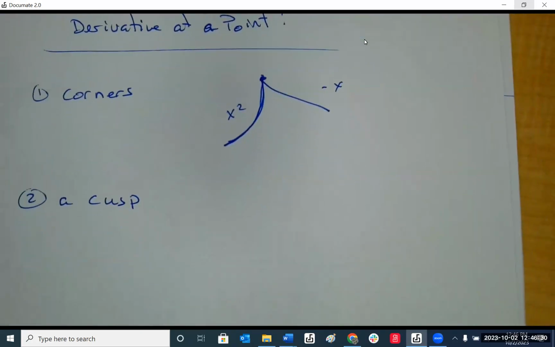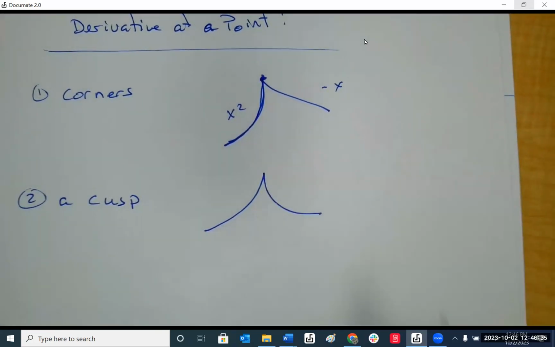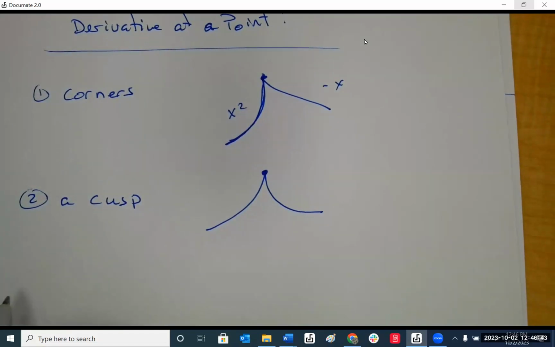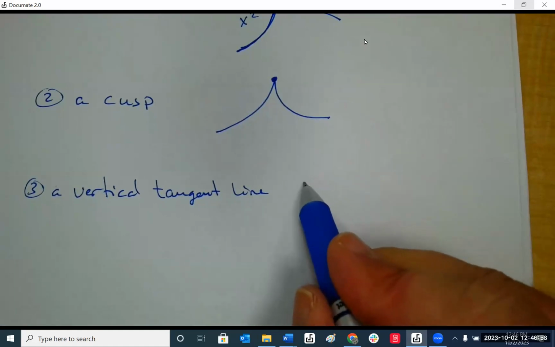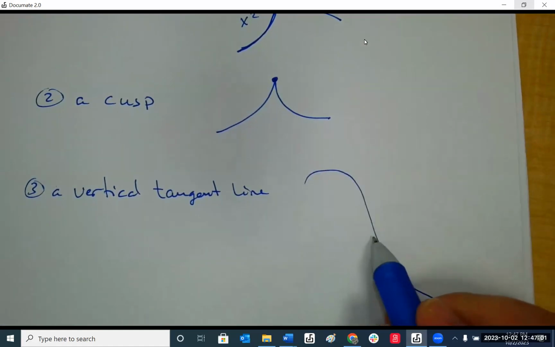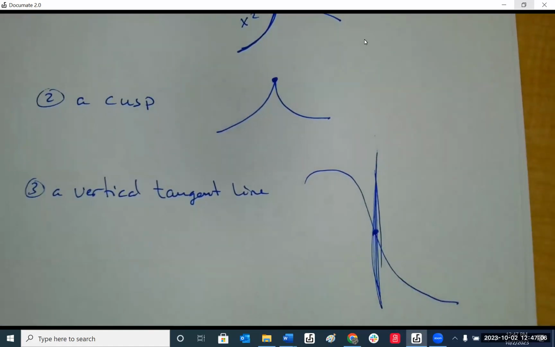At a cusp. Right here, it's not differentiable. A vertical tangent line. There.